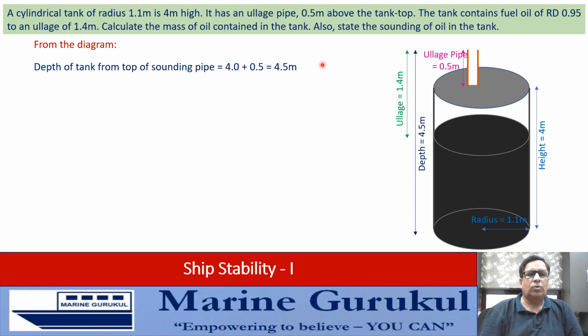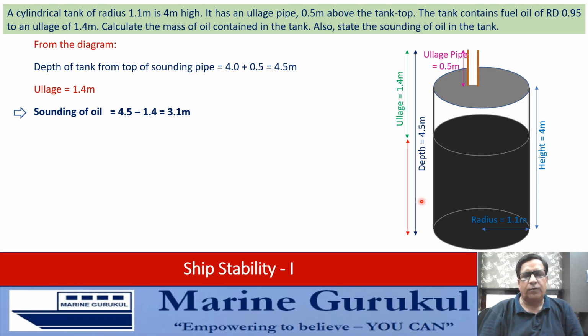We have the total depth of the tank as 4.5 meters, and the ullage as 1.4 meters. This means the sounding will be equal to 4.5 minus 1.4, that is equal to 3.1 meters. So the ullage is 1.4 meters, the sounding is 3.1 meters.